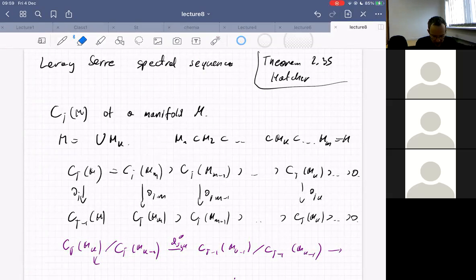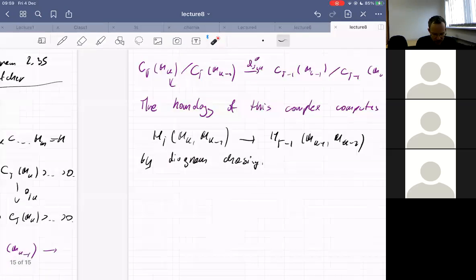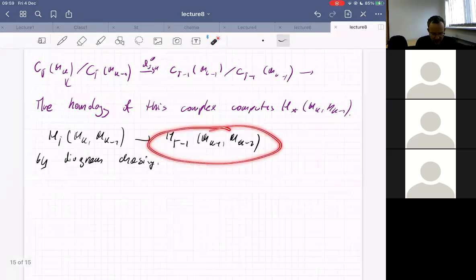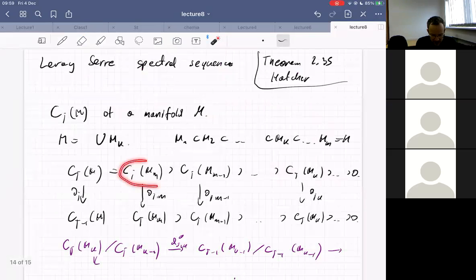In general, if I have an element here whose representative is mapped to 0 under this map, then maybe it comes from an element here that is mapped two levels down. Actually, it's mapped two levels down in this direction. And then I can iterate this procedure.